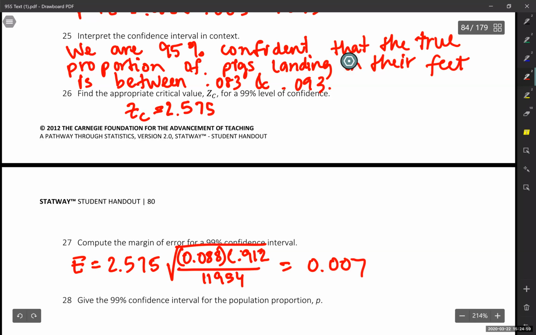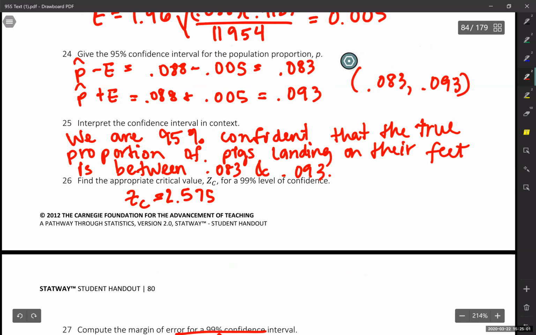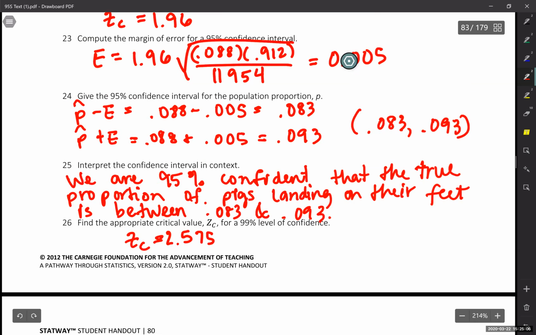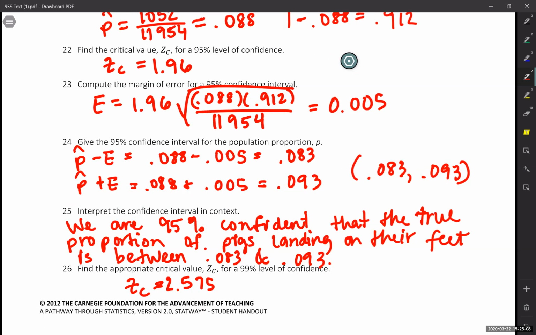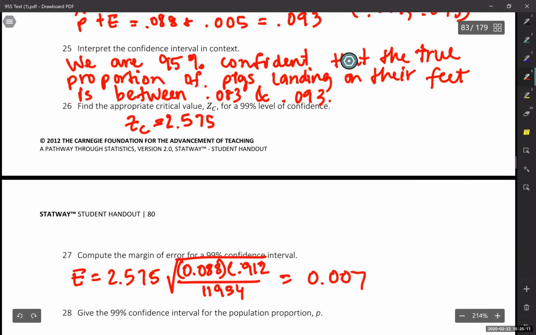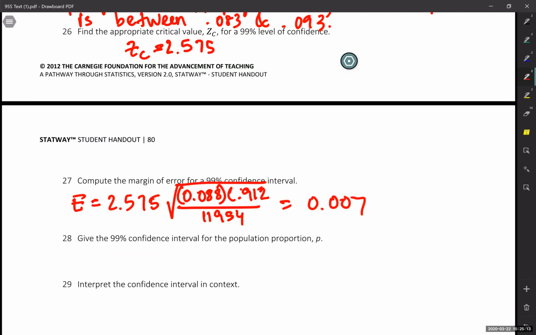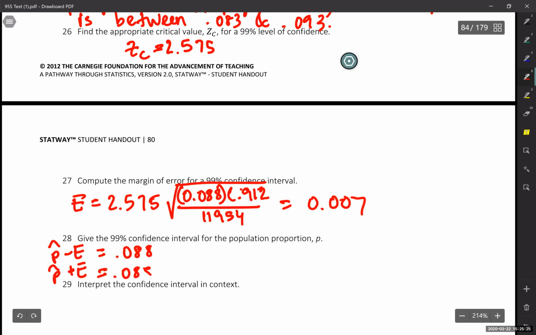So we had higher confidence, and compared to last time, we had a bigger margin of error. Last time it was 0.005, now it's 0.007. So it's a bigger margin of error. So our confidence interval, still using the same p-hat, 0.088, we're subtracting 0.007 and adding 0.007.